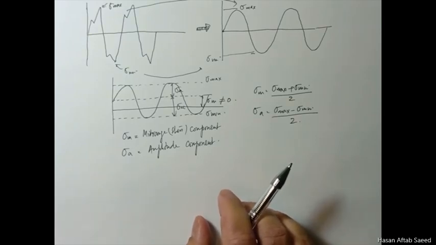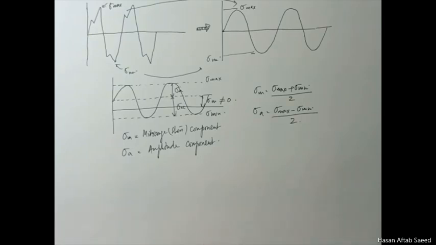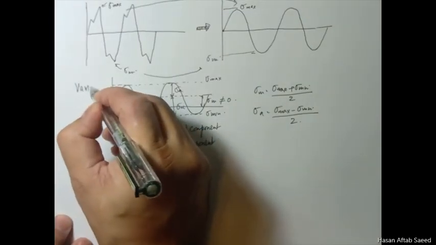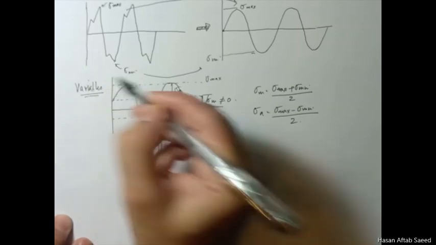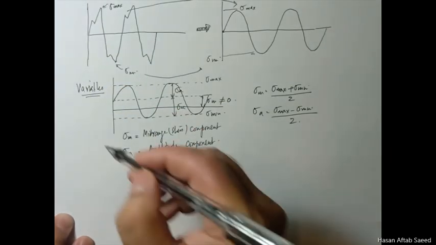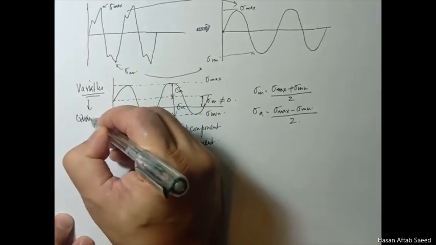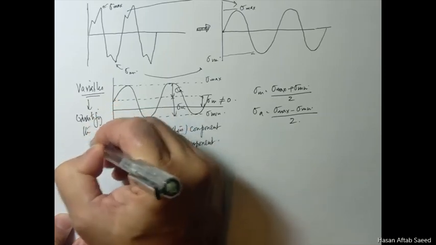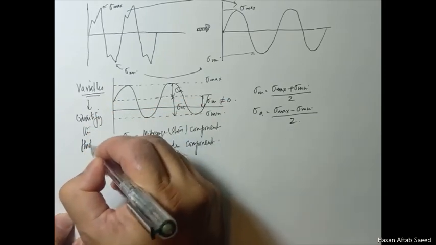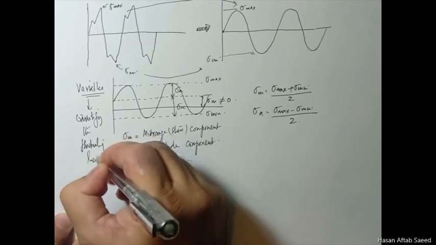Now, there are some other quantities also that quantify. These are the variables that we need, some variables to quantify the fluctuating load.